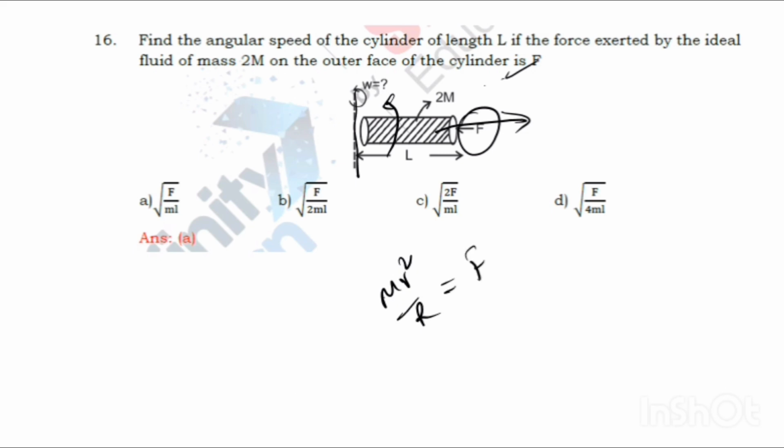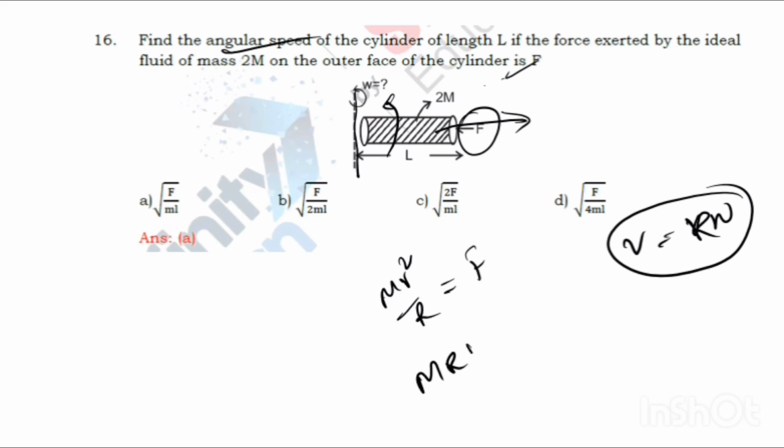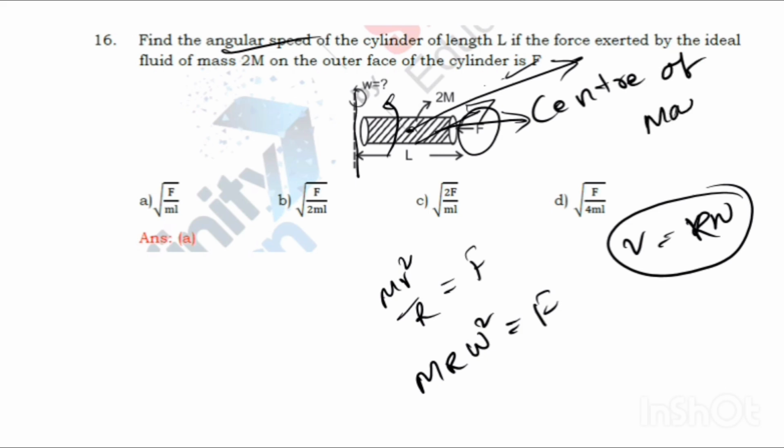In the case of angular motion, v is equal to R omega, so if we place this, m R omega square is equal to F. In this case, this liquid fluid, we should take the center of mass, right? For continuous bodies, we should take the center of mass.